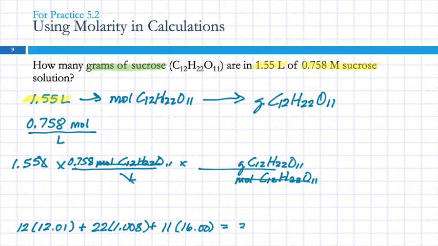So this is giving me 342.296 grams. So that's the mass. That goes with gram up here. 342.296 grams is 1 mole.